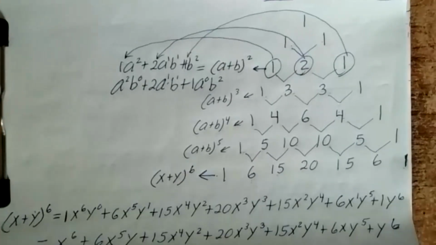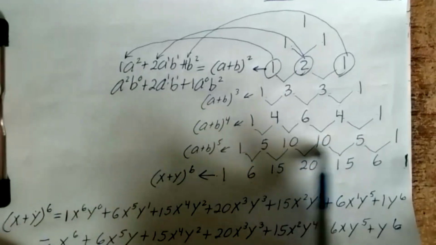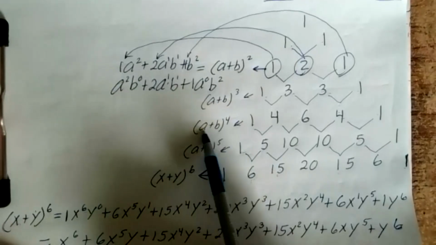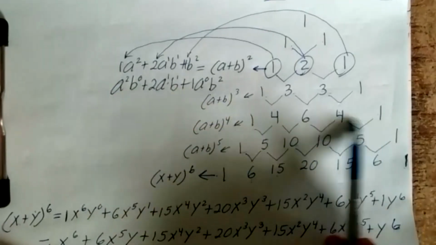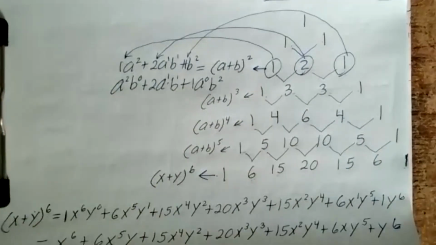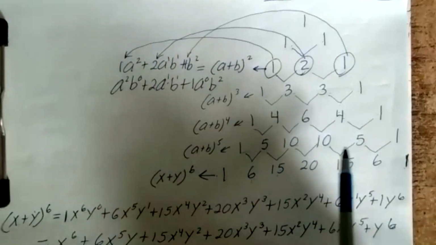If we wanted x plus y to the 5th power, we would use this row to generate our coefficients of each term. If we wanted to raise x plus y to the 4th power, we would use this row to generate the coefficients of each term. Actually, these numbers come from the combination function we talked about.